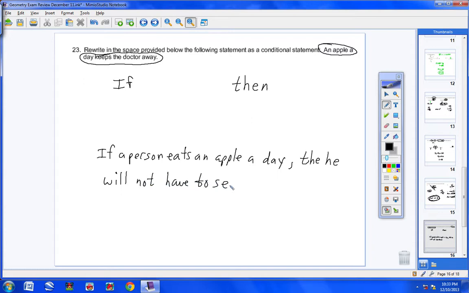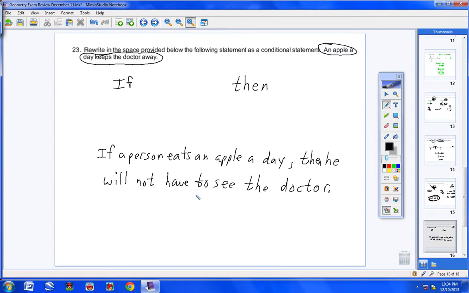Now that's pretty long-winded. You could make it shorter, I'm sure. There's more than one way to do this, but you know what you could not do? You could not get the if and the then part. I forgot to end, didn't I?